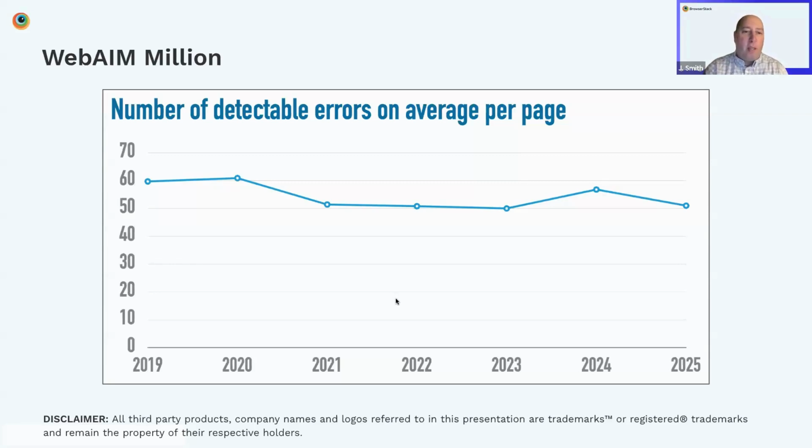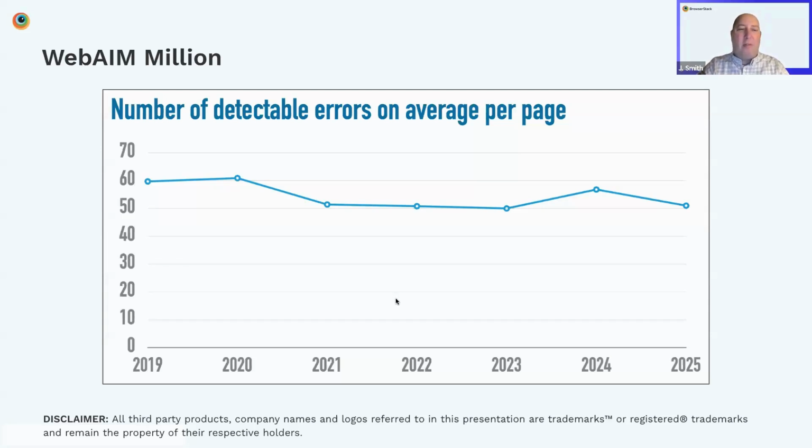But if we look at the number of detectable errors on average per page, lots of accessibility errors or potential barriers, 51 this year, which is a slight improvement from last year. We did see a little bit of a bump from like 50 or 51 to like 56 last year, then it's back down this year. Hopefully that's a trend of some improvement.